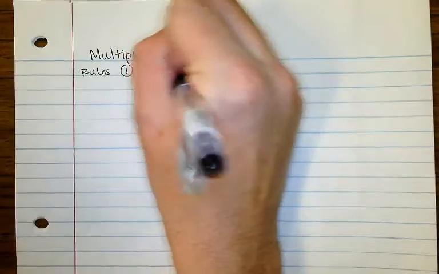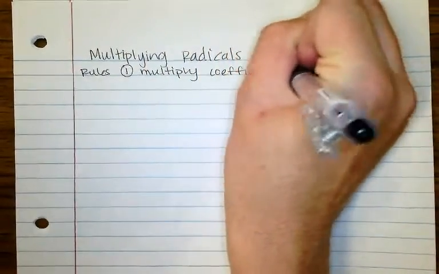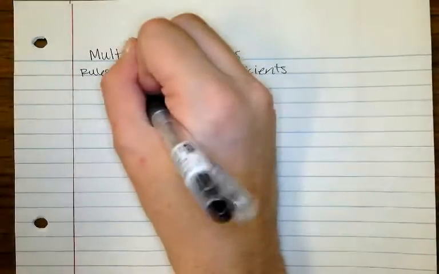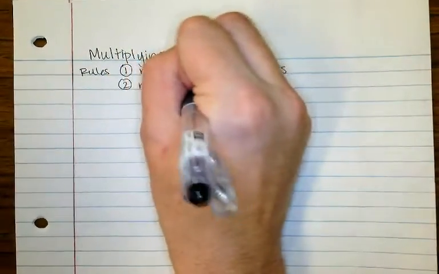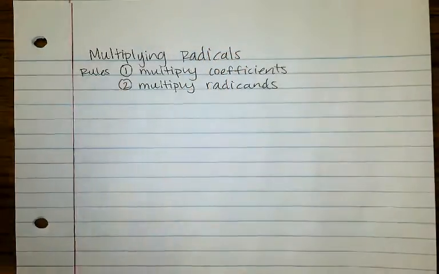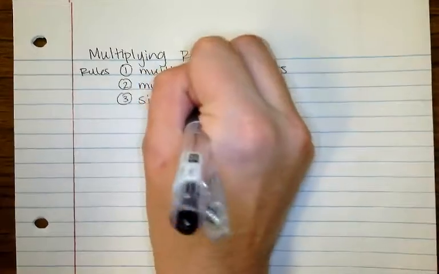Rule number 2: you multiply the radicands. And the third step is you simplify it, using the rules that we used earlier.